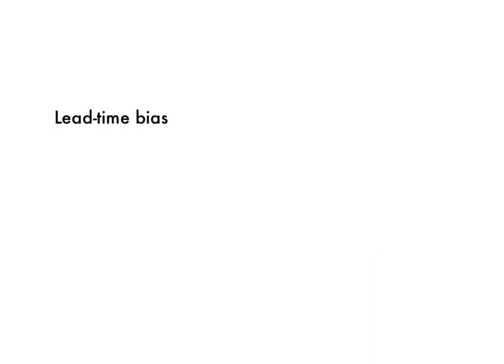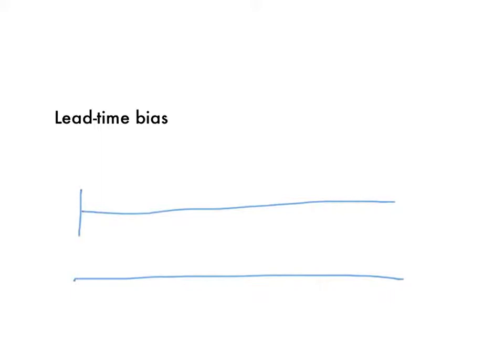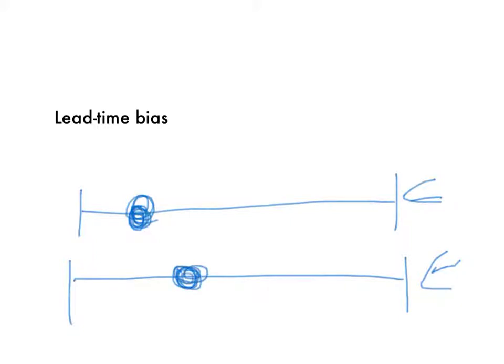So lead time bias is basically a look at early detection. It's a look at screening tools. So let's, for instance, look at breast cancer. Here's someone's life who's going to get breast cancer, and here's another person's life who's going to get breast cancer. You don't see breast cancer manifest itself until a certain point. But if you have a screening tool that looks for little tiny bits of breast cancer, let's say you find it right here using your new tool, and you find this person's breast cancer a little bit later using some other tool.